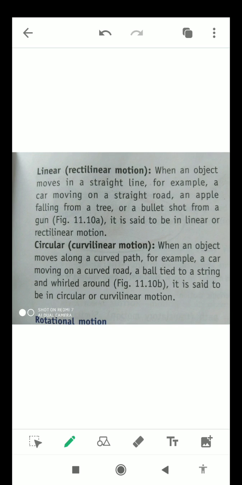When an object moves in a straight line, then this type of motion is called rectilinear motion. For example, a car moving on a straight road, an apple falling from a tree, or a bullet shot from a gun. So these are all examples of rectilinear motion.